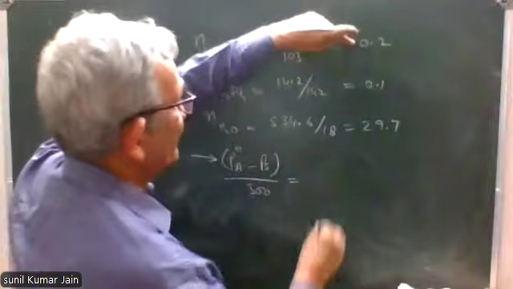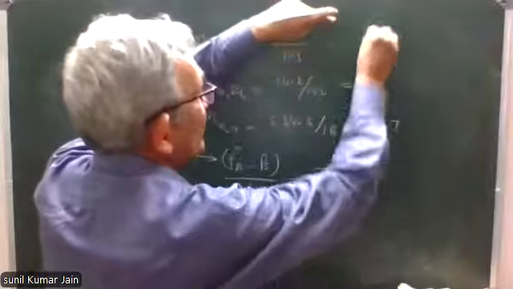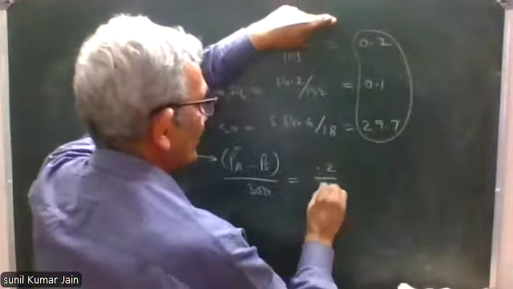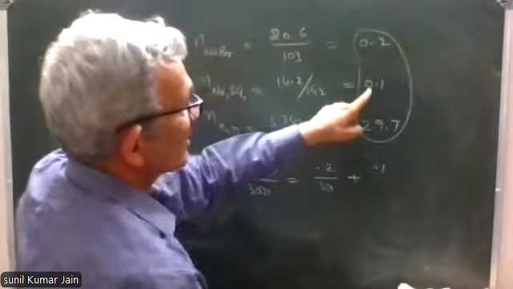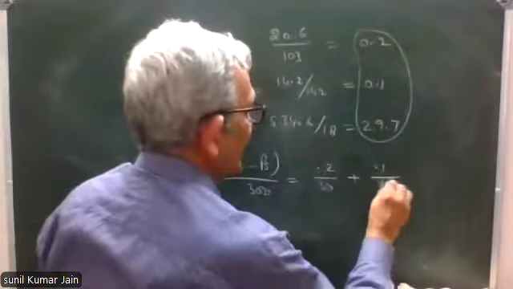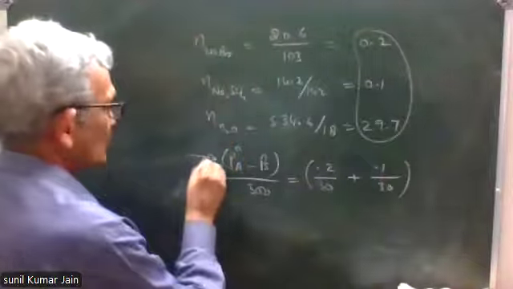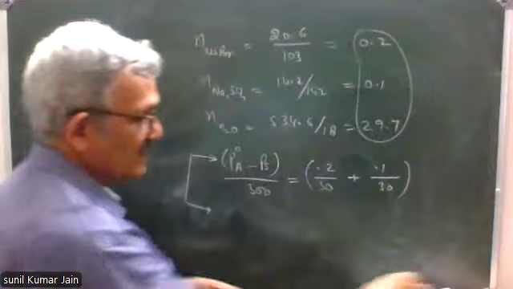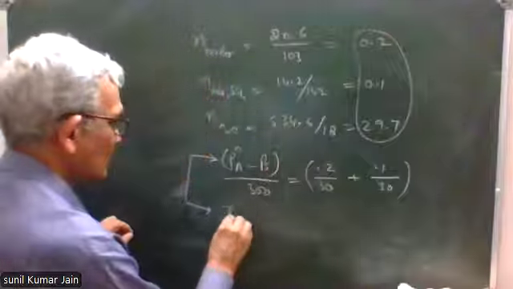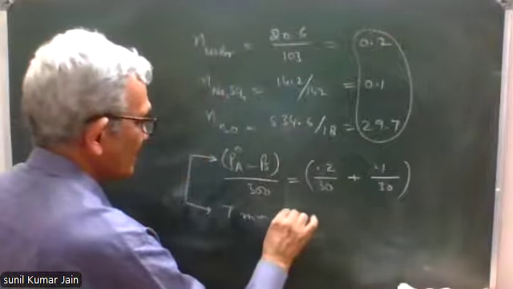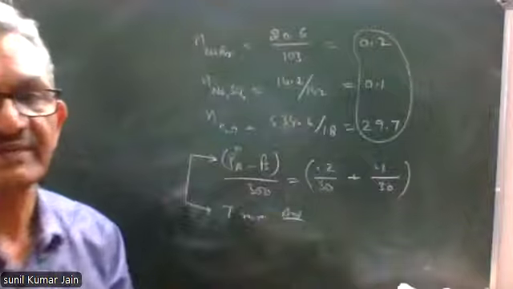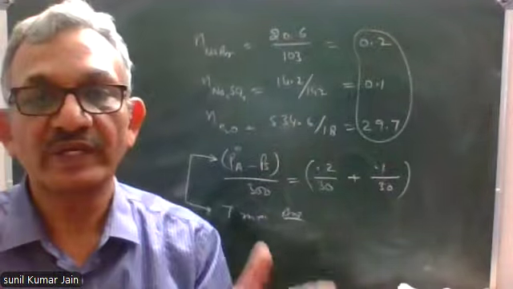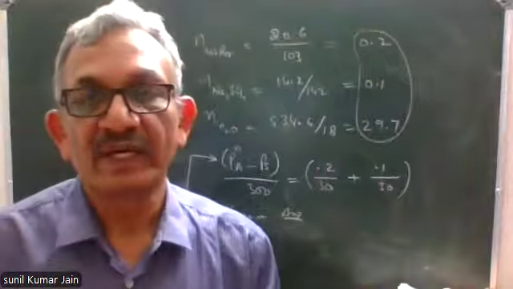Mole fraction of NaBr will be 0.2 divided by total 30 plus mole fraction of sodium sulfate 0.1 divided by 30. So this numerator will be the answer. I'll tell you this will come out to 7 millimeters. Right, 7 millimeters will be the lowering in vapor pressure.